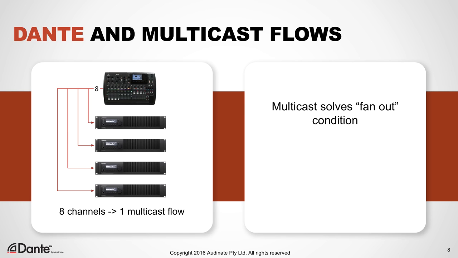With multicast, a transmitter can create a single flow that sends audio to as many receivers as desired, thus eliminating the problem of a fan-out condition. Multicast flows are created by users in Dante Controller and contain up to 8 audio channels in a single flow.